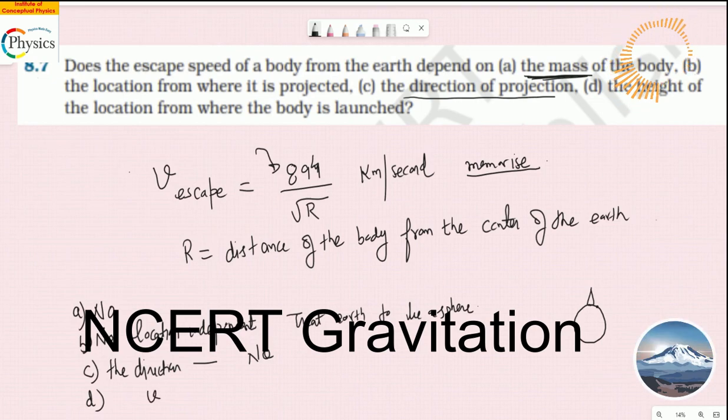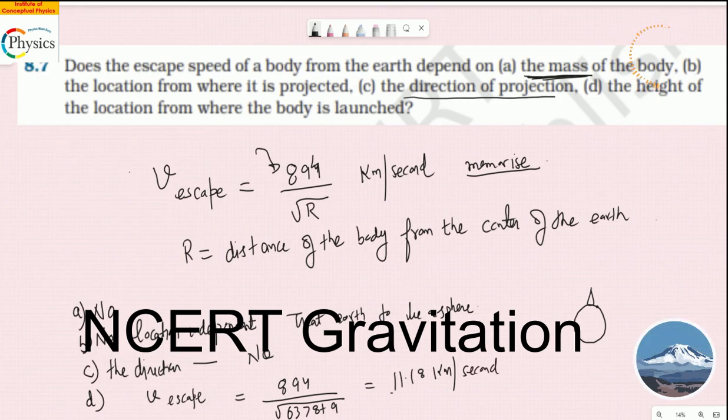If you calculate V escape at a height of 9 kilometers, which is the height of Mount Everest, and the radius you consider as 6378 plus 9, you will get a slightly smaller escape velocity, right? So escape velocity is definitely dependent on the height at which you launch it.